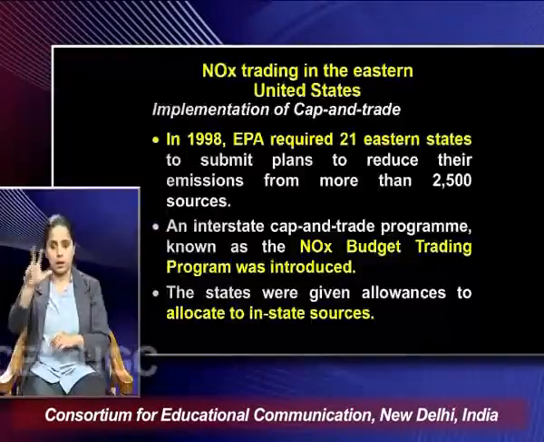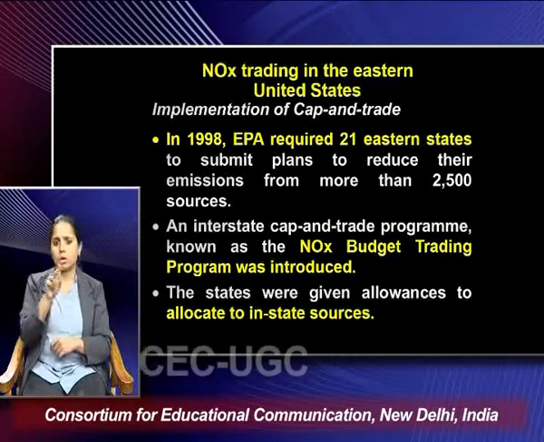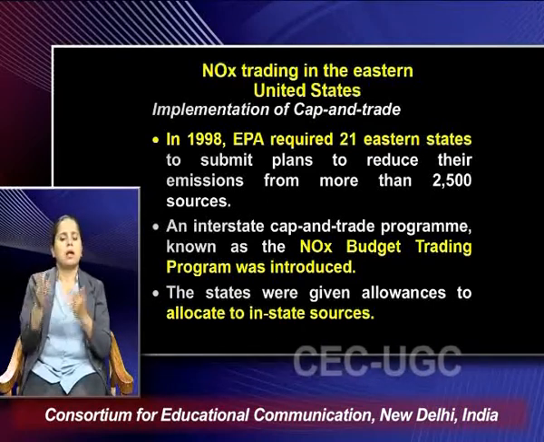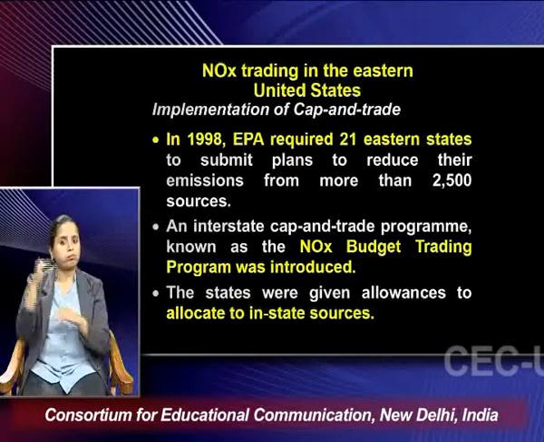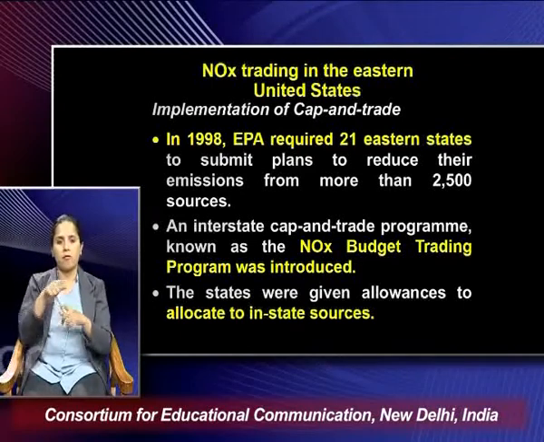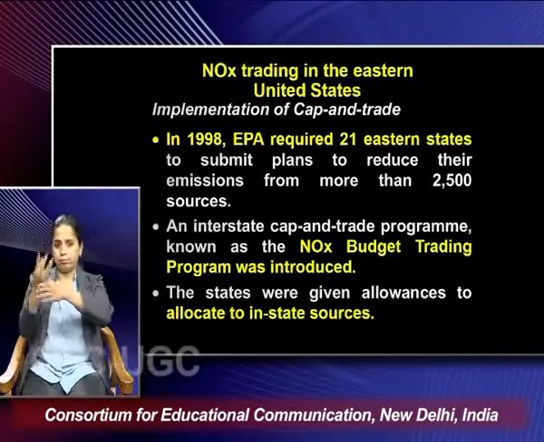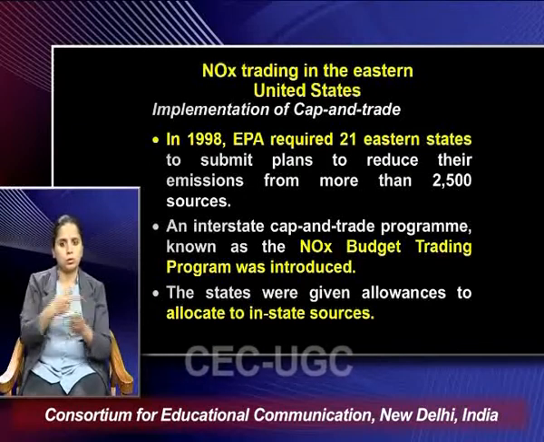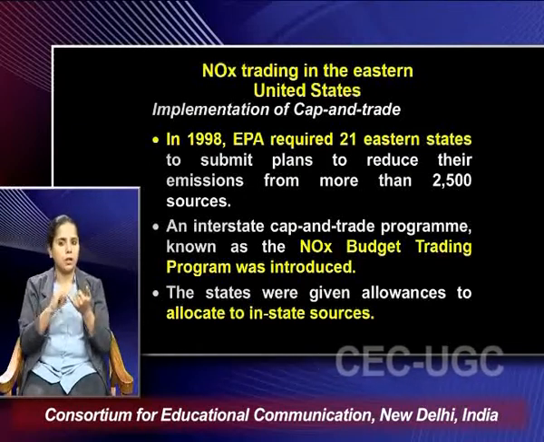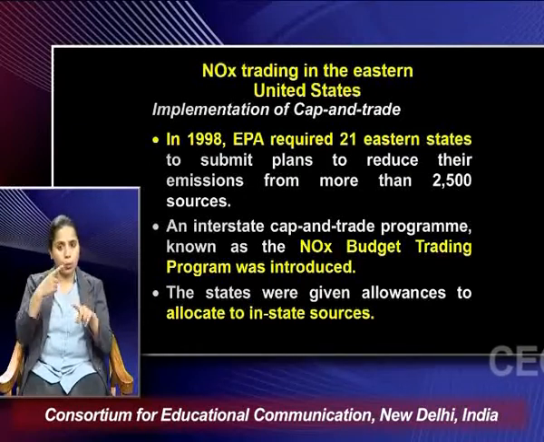In 1998, EPA required 21 eastern states to submit plans to reduce emissions from more than 2,500 sources. An interstate cap and trade program known as the NOx budget trading program was introduced.